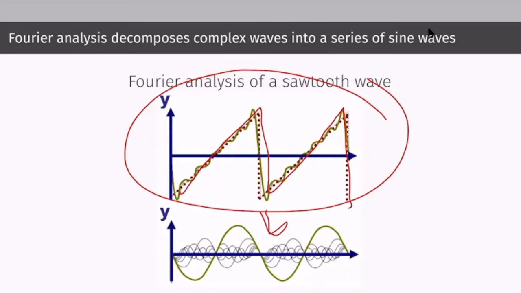Yes? Just to decompose a complex wave into its component sine waves. Yeah, exactly. Fourier analysis, including the fast Fourier transform, allows us to decompose a complex wave into a sequence of sine waves.